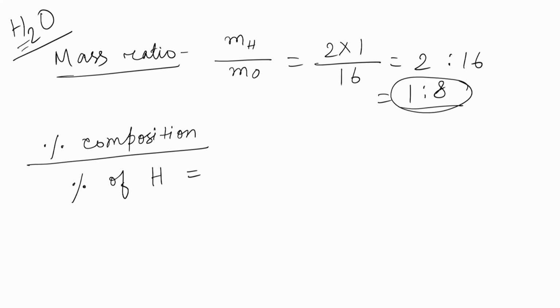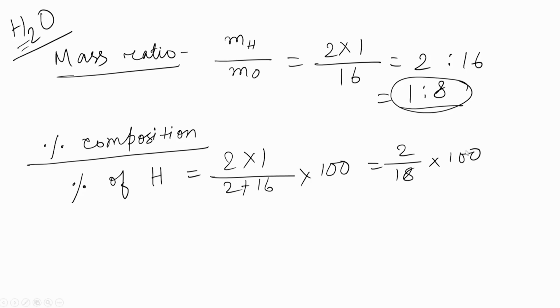So since we have 2 hydrogen atoms, we will have 2 into 1 divided by the total mass. The total mass is 2 plus the mass of oxygen, that is 16, multiplied by 100. So this is 2 by 18 into 100. So the percentage comes as 11.11%.